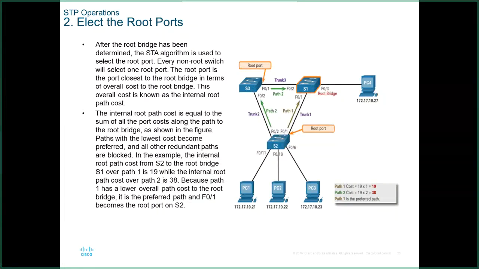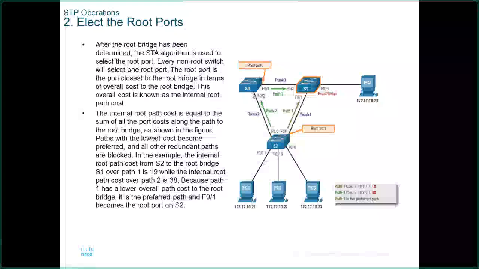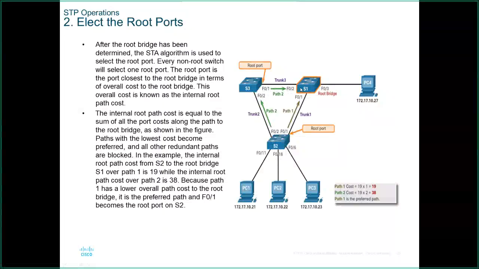It hasn't shut any ports down yet. So it gets to this port F2 on switch 3, and it has another 19, which is 38. And then it arrives back at the root bridge. Now this has occurred in both directions.